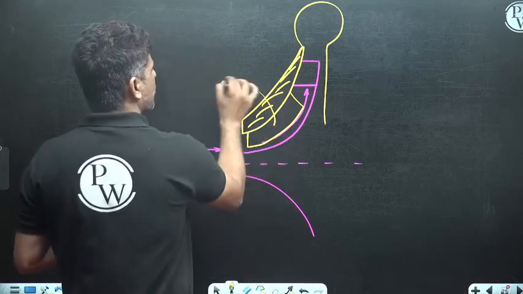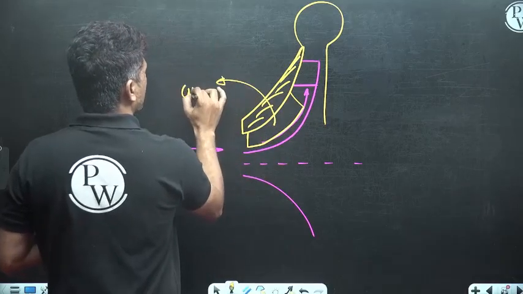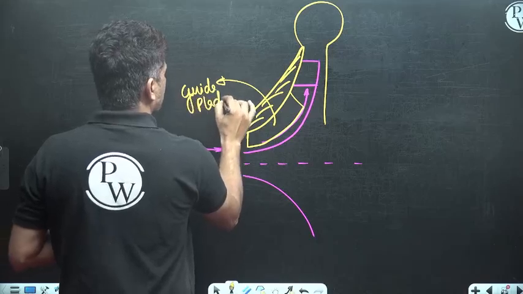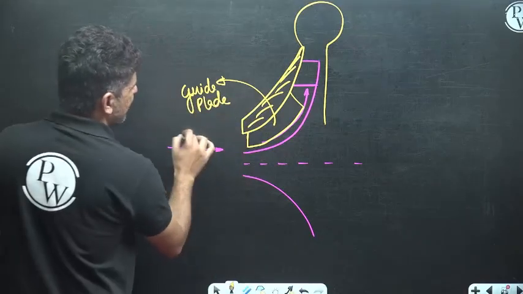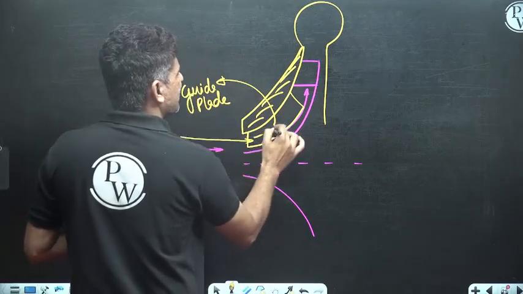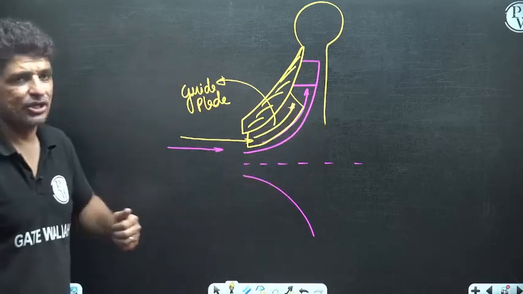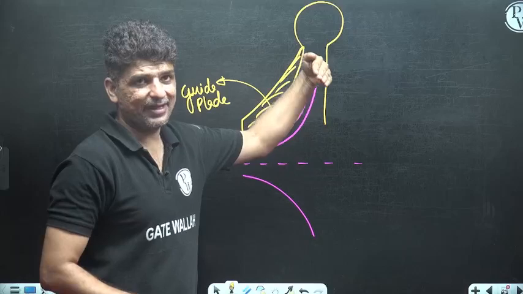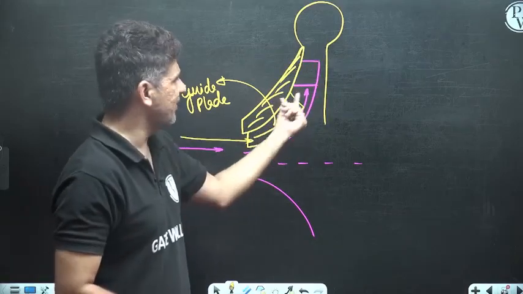So this is your guide blade. The flow which is coming inside like this will be tilted by these guide blades. These guide blades will be tilting it in the vertical direction as well, and then it will be tilting in the pre-whirl direction as well.